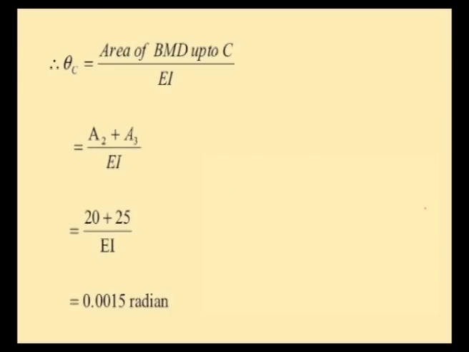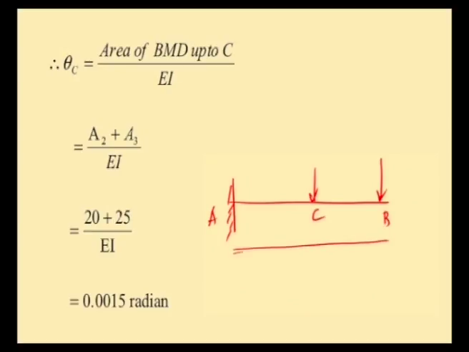Now, if we want the slope at C, say we have 2 point loads at B and C, and we have computed the deflection at B, that is y_B.